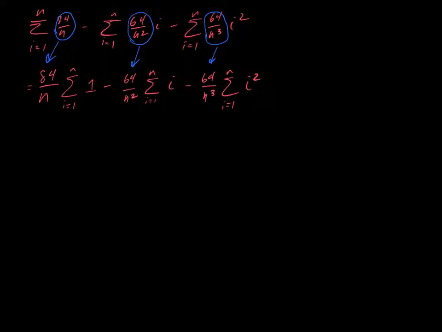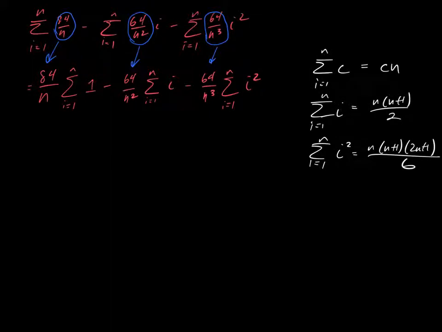The last thing we need to do here is actually find these summations. And you need to remember these formulas in order to successfully sum 1, i, and i squared.